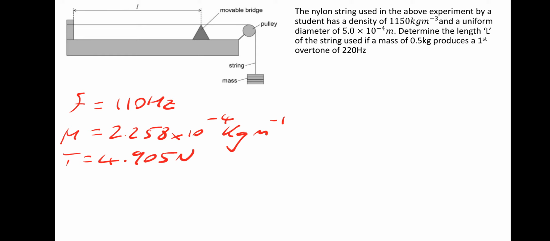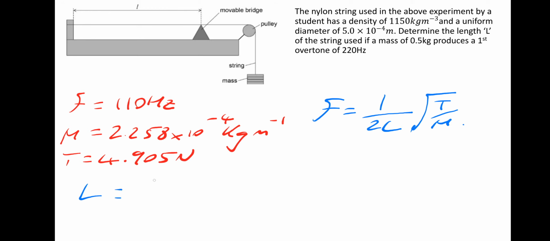So now we're in a position where we can find the length, L. So the equation, frequency is 1 over 2L, multiplied by the square root of T over mu. Then just rearrange to find L. So L will be equal to 1 over 2F times the square root of T over mu.